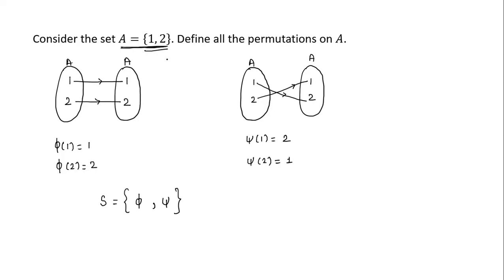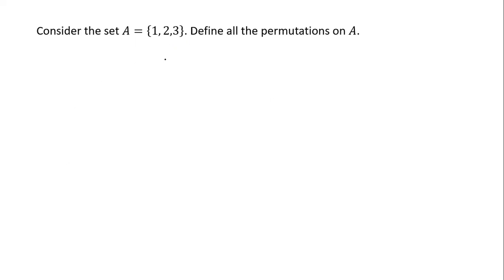Now let us do the same exercise on the set A = {1, 2, 3}. That is, we have the set A = {1, 2, 3}, and we will see all the possible permutations on this set. So let us start. Let me make the domain again 1, 2, 3, and the codomain will also be the same, 1, 2, 3.